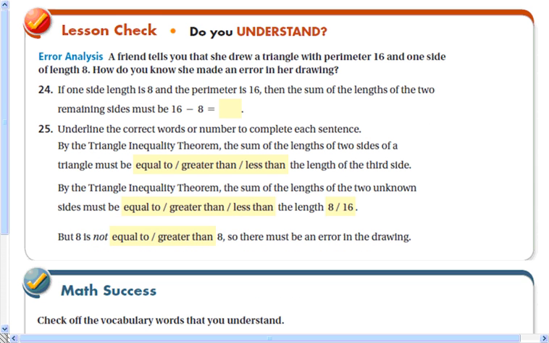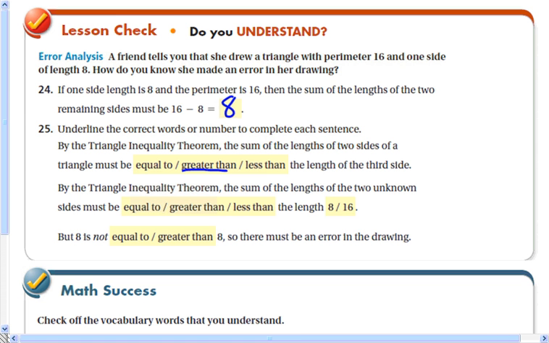All right, a friend tells you that she drew a triangle with a perimeter of 16 and one side of length 8. How do you know she made an error in her drawing? If one side is 8 and the perimeter is 16, then the sum of the lengths of the two remaining sides must be 16 minus 8, which is 8. Underline the correct words. By the triangle inequality theorem, the sum of the lengths of two sides of a triangle must be greater than the length of the third side.